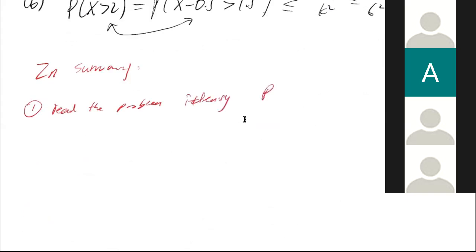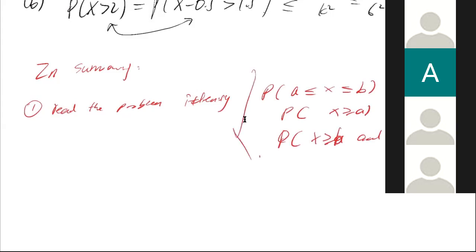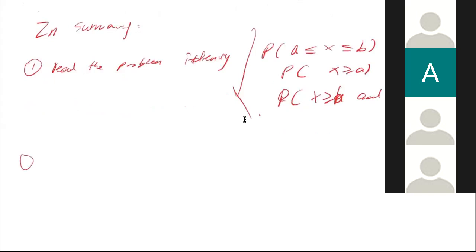You want to identify whether you are finding the probability that x is in between A and B, or that x is greater than A, or that x is greater than B, or that x is less than A, which situation it is. And after identifying these situations, usually we are given the mean and SD. If we are not given them, we want to find the mean and SD first for the specific distribution.